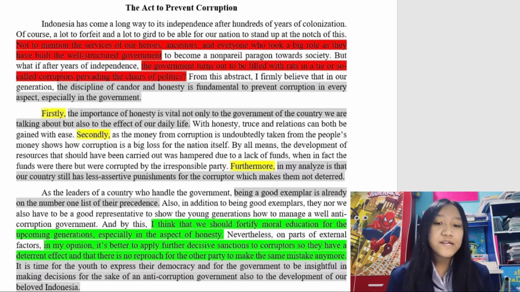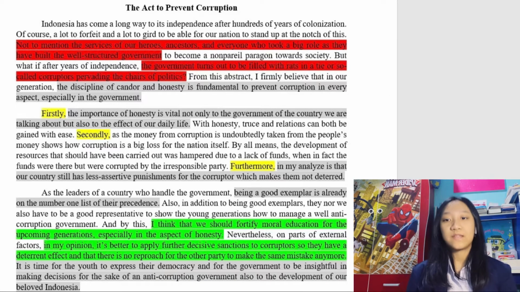Nevertheless, on parts of external factors, in my opinion, it's better to apply further decisive sanctions to corruptors so they have a deterrent effect and that there is no reproach for the other party to make the same mistake anymore. It is time for the youth to express their democracy and for the government to be insightful in making decisions for the sake of anti-corruption government, also the development of our beloved Indonesia.